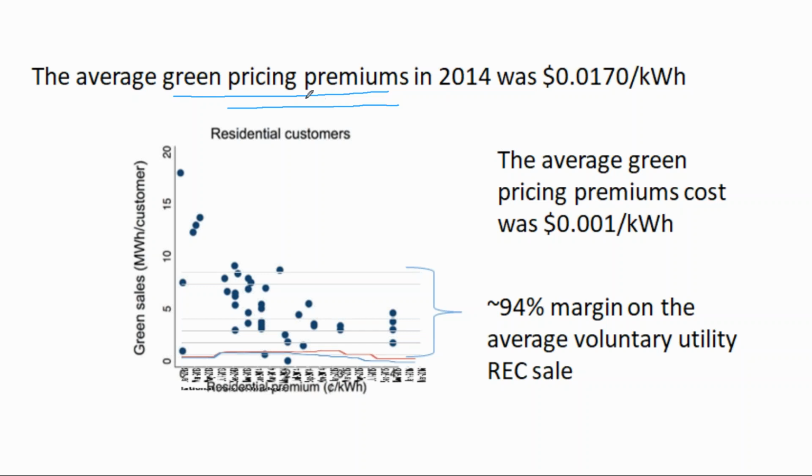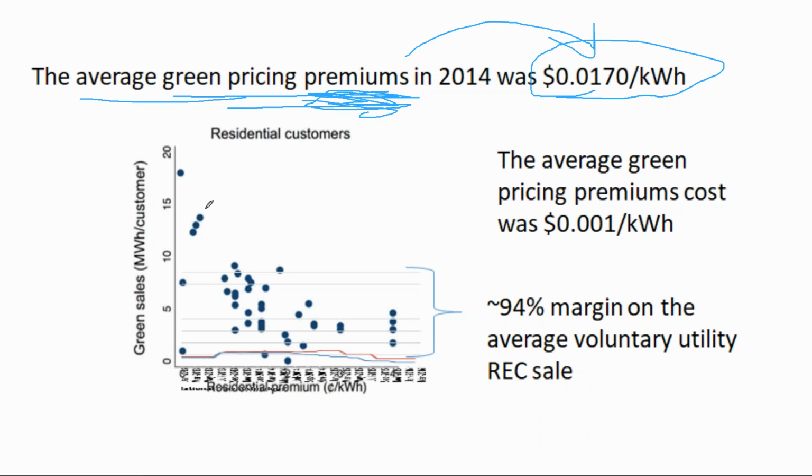Well, as far as the actual premium charged to the customer for green power pricing, the average premium applied was almost 2 cents a kilowatt hour. I know these numbers are hard to read, but I think we have it on the next slide in a little greater detail. So what does this actually mean?